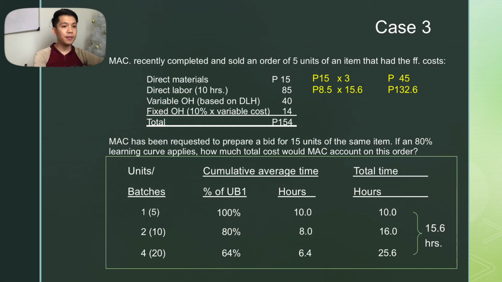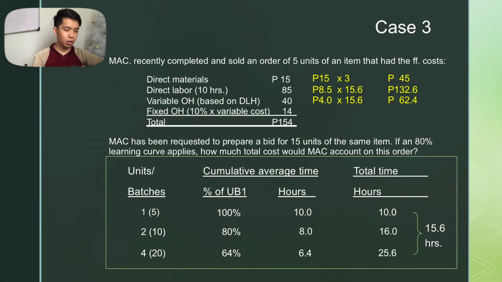So 8.5 times 15.6 hours, 132.6 pesos. Variable overhead is also based on the direct labor hours. That would give us 40 divided by 10 hours, that's 4 per hour. 4 times 15.60, 62.40.